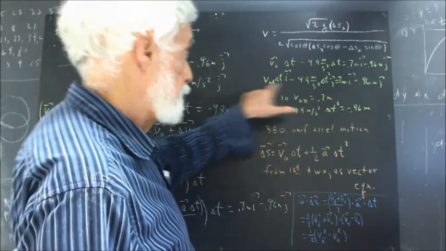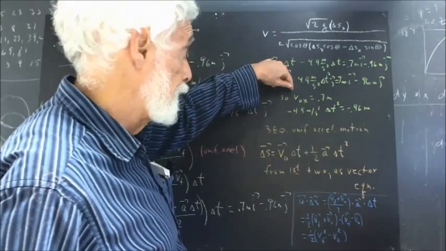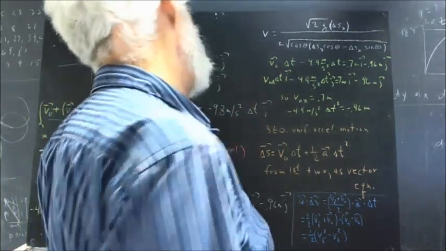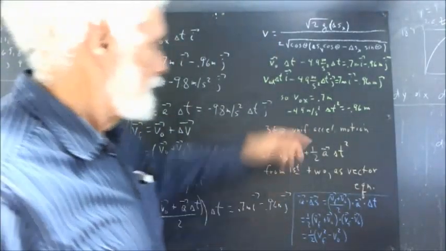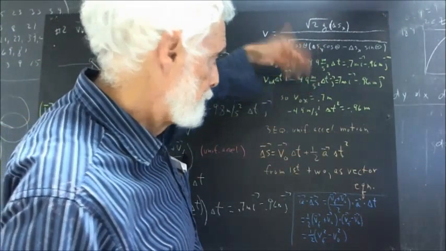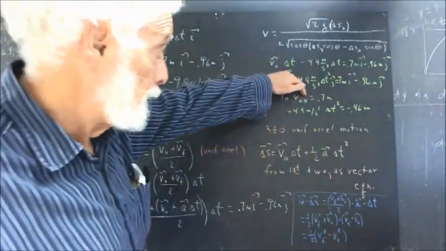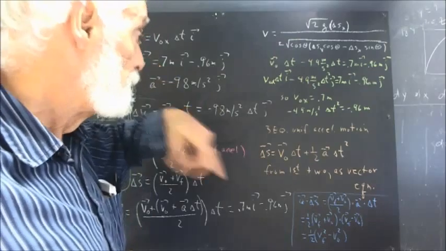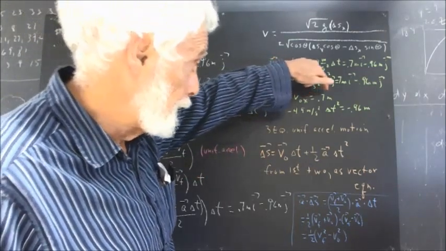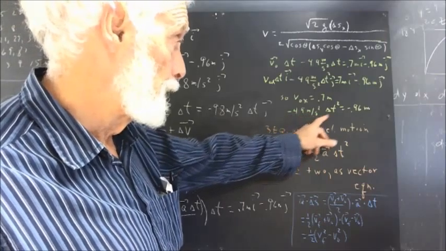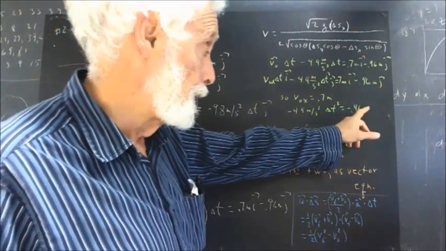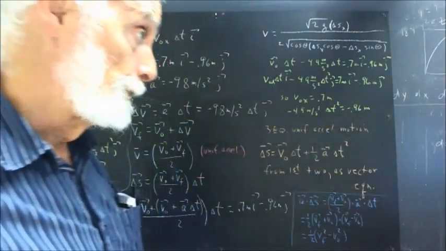So that I component equal I component gives us V naught x delta T equals 0.7 meters. I'm having a rash of neglecting to write down simple variables. Now the delta T should be in here. I'll fix that in a minute. That should be V naught x delta T equals 0.7 meters. And then the negative 4.9 meter per second squared times delta T squared equals negative 0.96 meters.